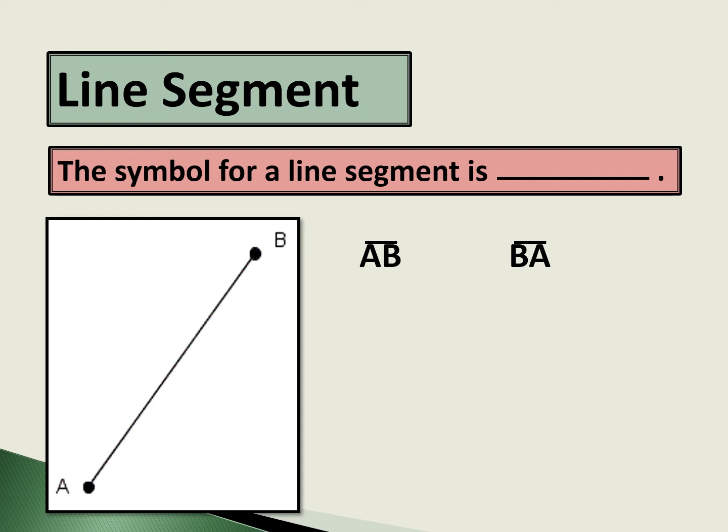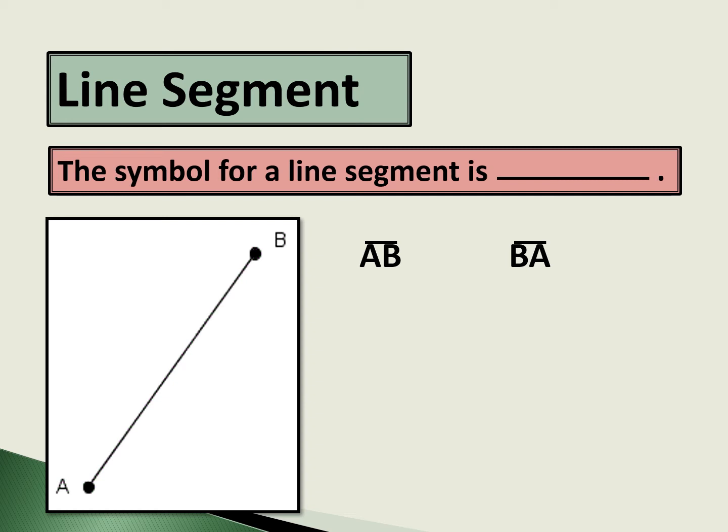The next geometric term about which we are going to talk is the line segment. A line segment is a part of a line. It has two endpoints. We name it by its endpoints. The symbol for a line segment is a straight line with no arrow heads at any end.